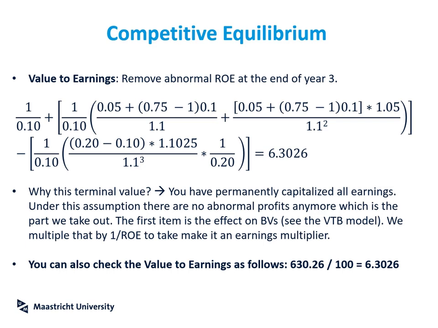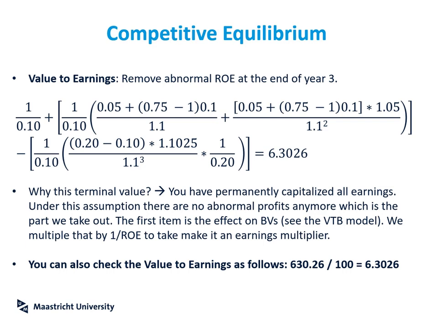So from a value to book perspective, the abnormal ROE that we had at the end of the forecast horizon was 10%. We had an ROE of 20%, cost of equity was 10%, so the abnormal ROE was 10%. And we earned that on a book value that had grown with 10.25%. Now that was the effect on the value to book ratio.